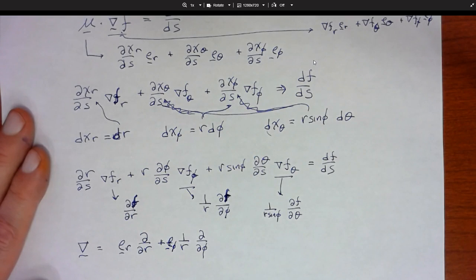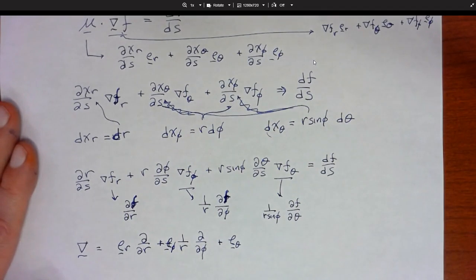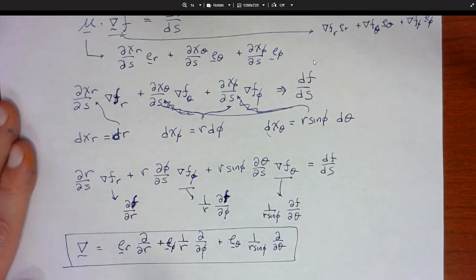That's an e phi in front there. And then finally, for the e theta component, it's going to be a 1 over r sine of phi. That's where that comes from. Partial derivative with respect to theta. And that becomes that operator.